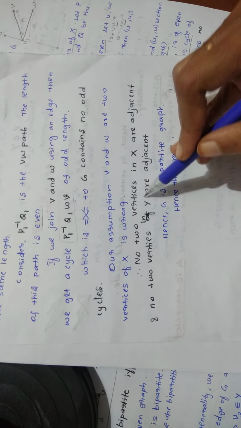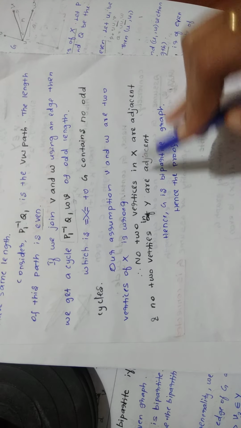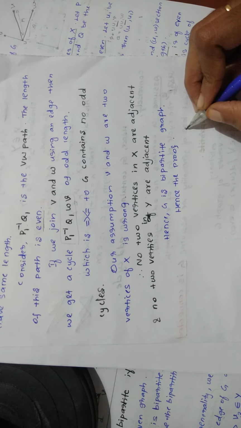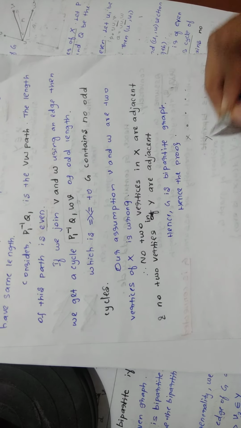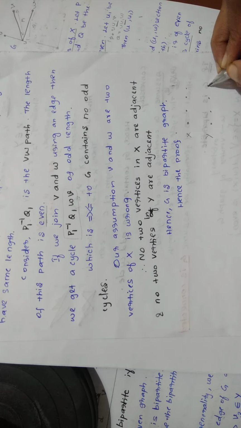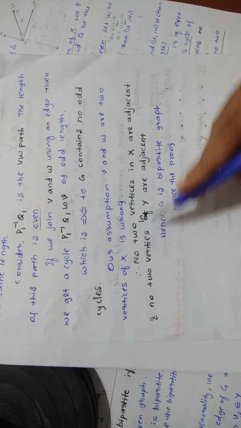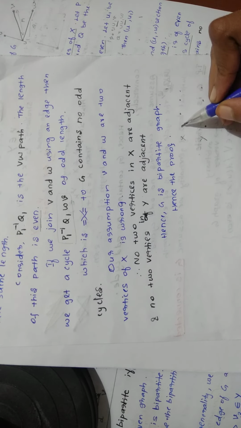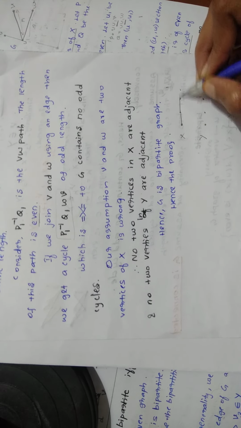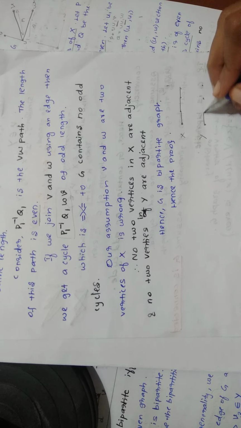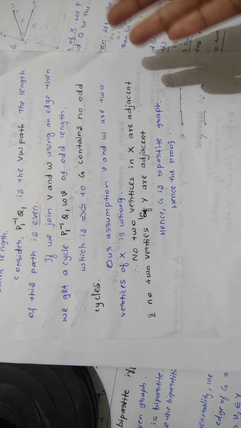So what are you saying? In the end, no two vertices in X are adjacent. In a bipartite graph, there are some vertices in the set X and some vertices in the set Y. Here they are saying no two vertices in X are adjacent. It means you could not see adjacent vertices in X, and in the set Y also you could not see any adjacent vertices.